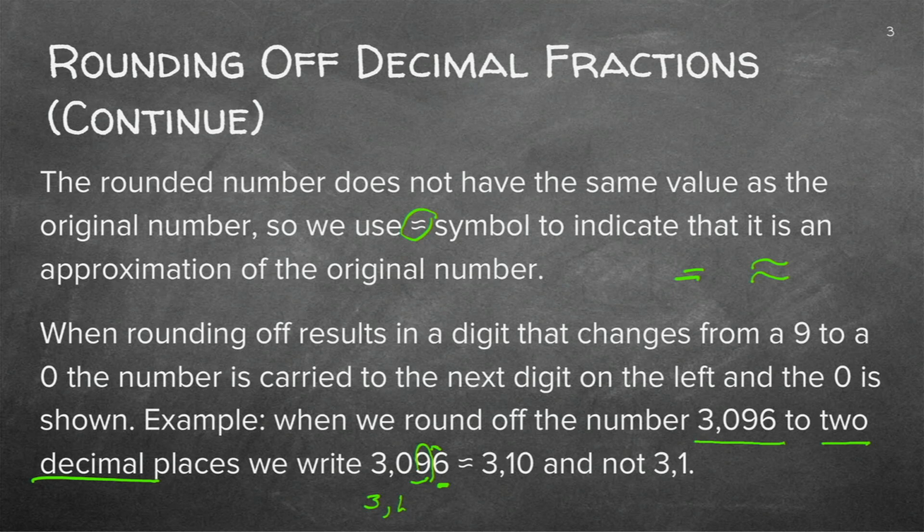But because they ask us for 2 decimal places and because we moved the number from the third decimal, we have to write 3,10. We cannot just write 3,1. So please pause if you didn't understand that and just read it again. Okay, cool.